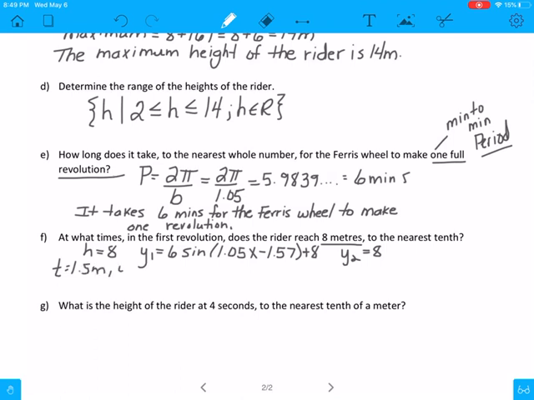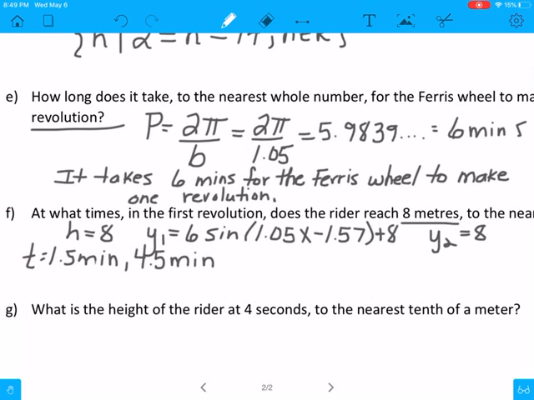That's meters. I need to erase that. 1.5 minutes and 4.5 minutes. And then I need to write a sentence. At what time in the first revolution does the rider reach 8 meters?